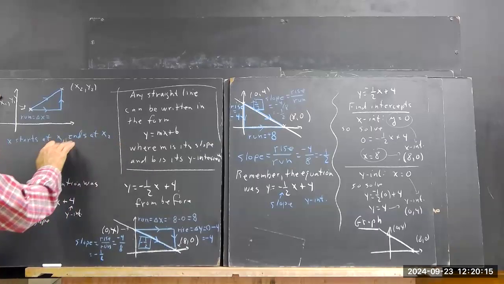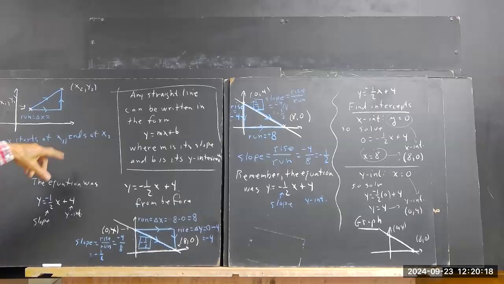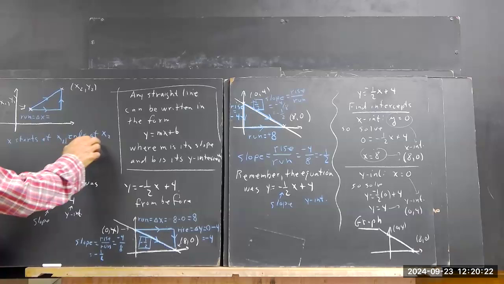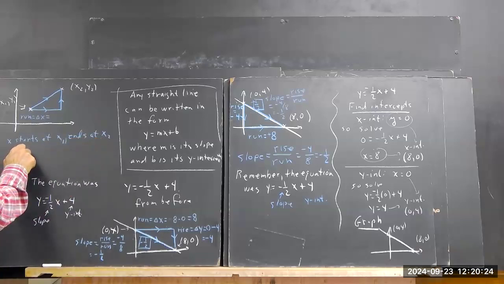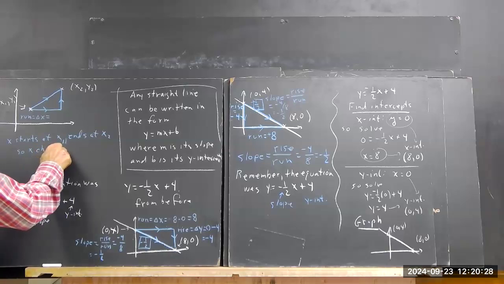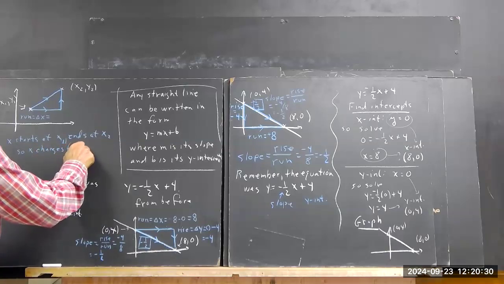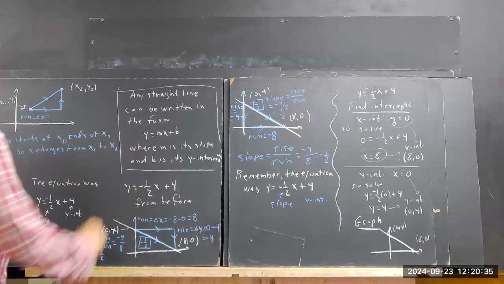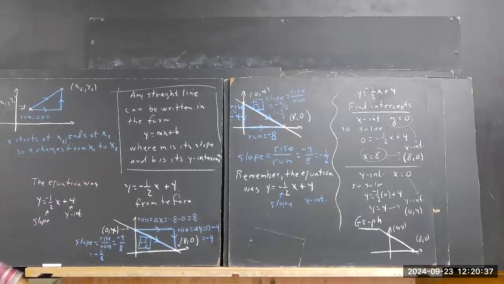There could be a comma there, but it's confusing. Starts at x1, ends at x2. x changes from x1 to x2.